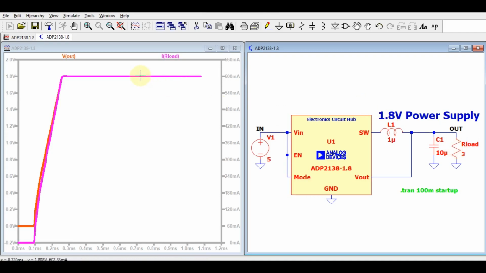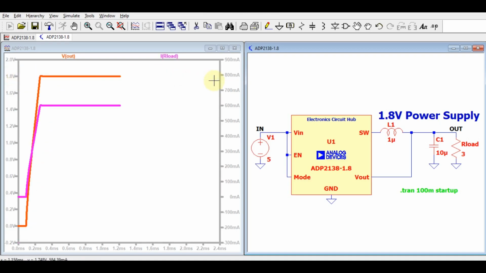You can see the output voltage is 1.8 volt and the output current is, the red one is the output voltage V out and the pink one is the load current or output current. Here you can see the current is around 600 milliampere and your output voltage is 1.8 volt.